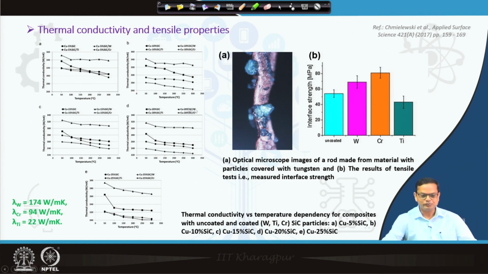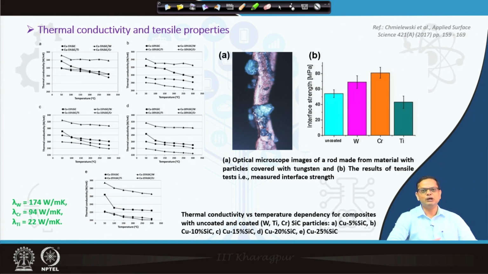Okay. So, this is the final thing I wanted to discuss about this particular example: how the thermal conductivity is varying with, there are 3 points here, the increase in SiC percentage and the change in coating composition. Okay. So, I hope you understand this particular case.